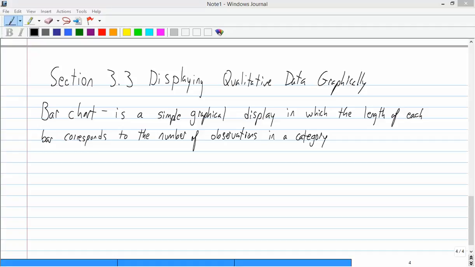One type of bar chart is called a stacked bar chart.